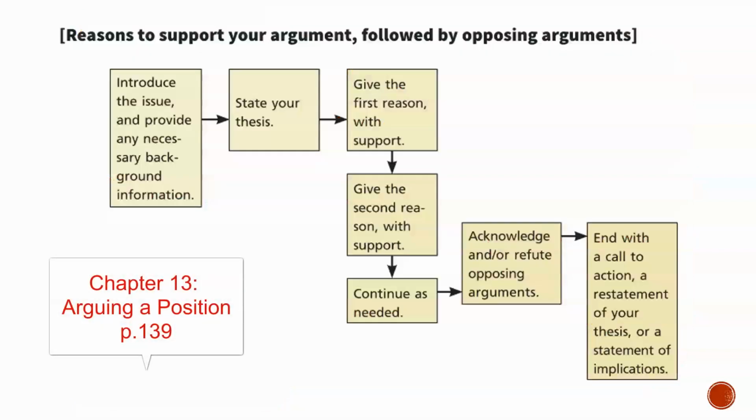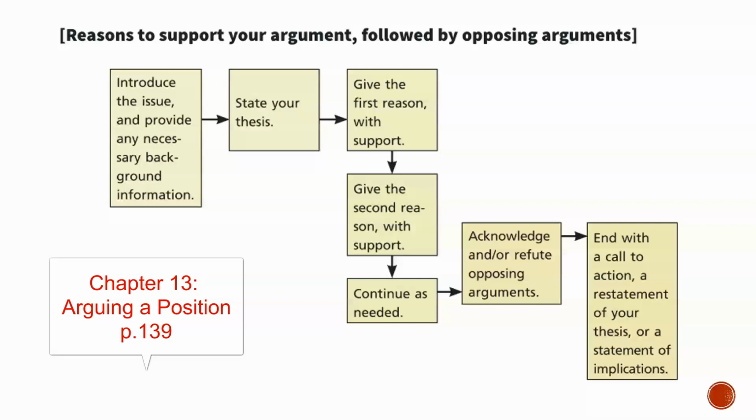So generally, a structure for this paper might look something like this. Now, this comes out of your textbook, and I think it's a pretty handy chart. So you introduce your issue, give any background needed, state your thesis, give your first reason, and support it. Give your second reason, support it. Continue as needed, based upon the length of your paper and how much you have to say, address opposing arguments, and then end your paper.